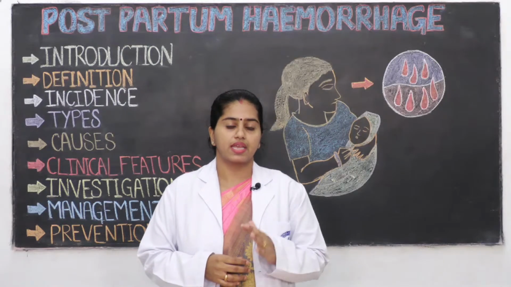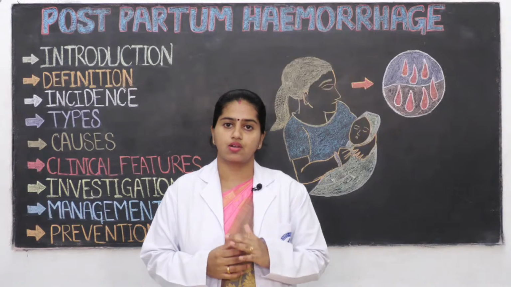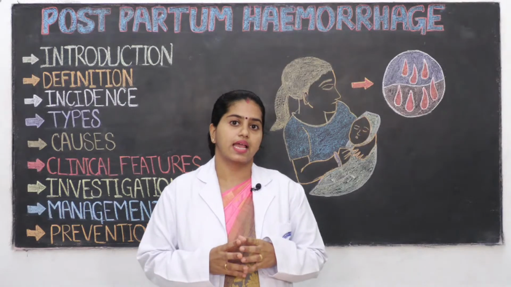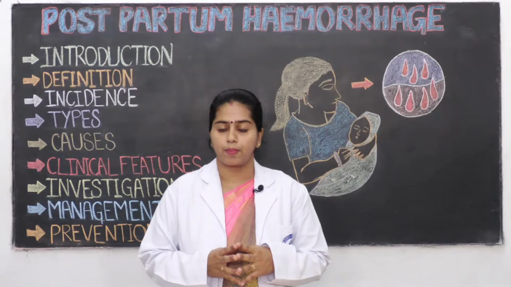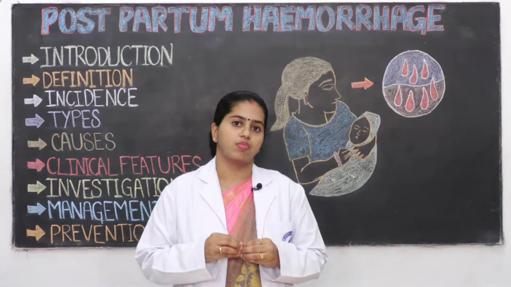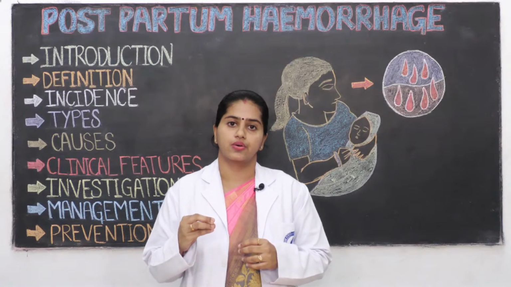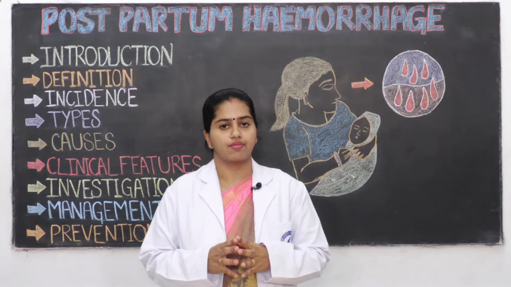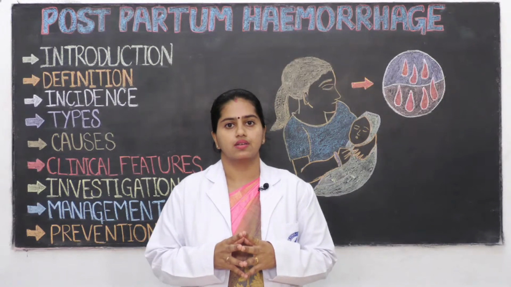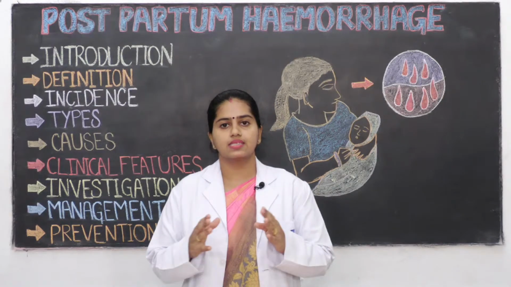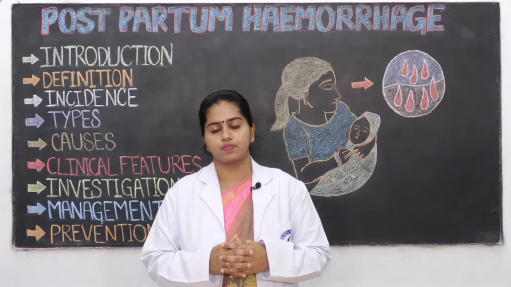So when the preeclampsia gets any complication such as HELLP syndrome, hemolysis, elevated liver enzymes, and low platelet count, this problem can affect the coagulation status, and because of this it causes postpartum hemorrhage. So these are the causes for getting postpartum hemorrhage.